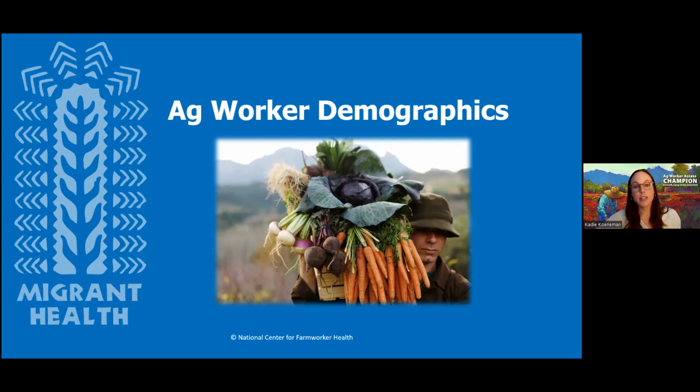The survey is conducted annually and is a random field survey, although the results are not published every year. So the data we're sharing is from the 2017-2018 survey. And there's a link coming through the chat to a fact sheet where NCFH has summarized some of the key statistics from this survey.